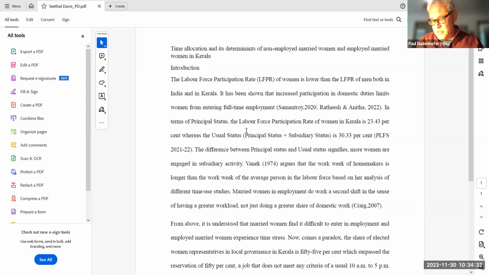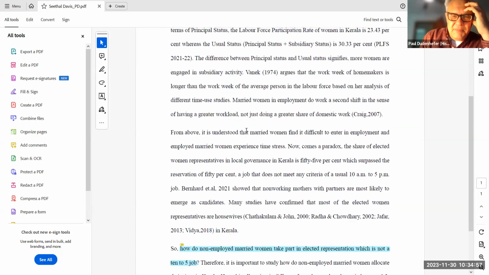And what you're trying to figure out is how they allocate their time and how that allocation enables them to do what they need to do as a representative. Am I on the right track there? Yes, sir. Okay. Let me ask you this.